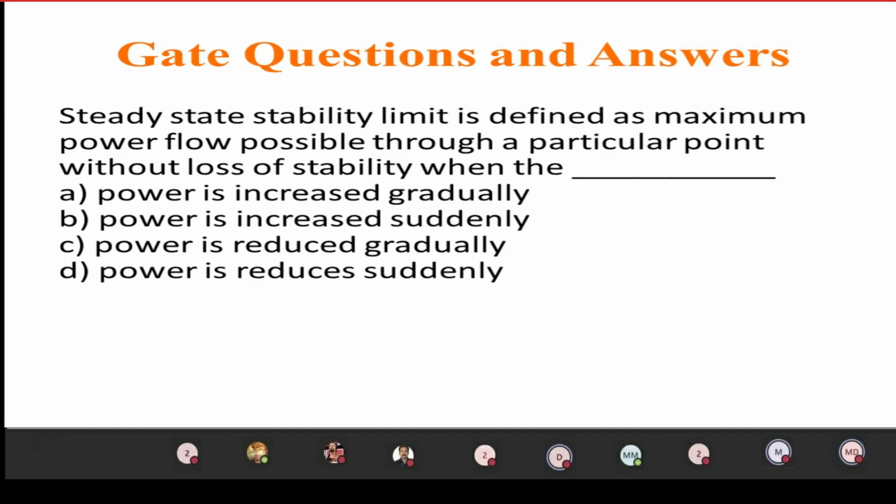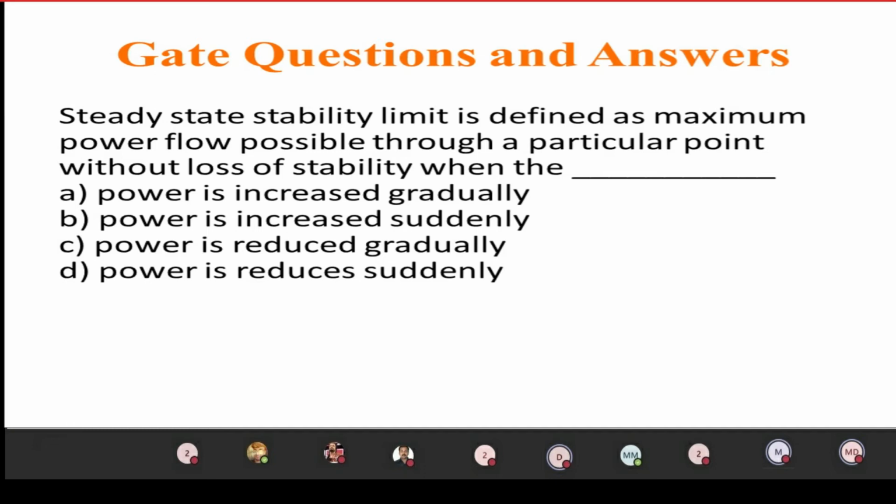Steady state stability limit is defined as the maximum power flow possible through a particular point without loss of stability when the power is increased gradually, when the power is increased suddenly, when the power is reduced gradually, or when the power is reduced suddenly.